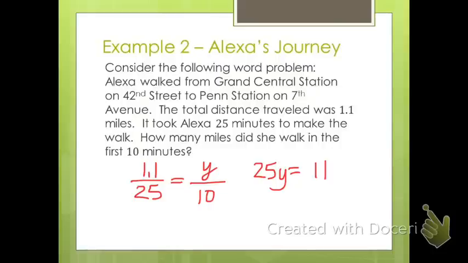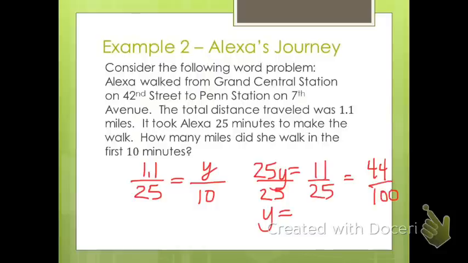And then continuing, I would divide by 25 and get y is equal to 11 25ths, which I'm going to rewrite as 44 hundredths.